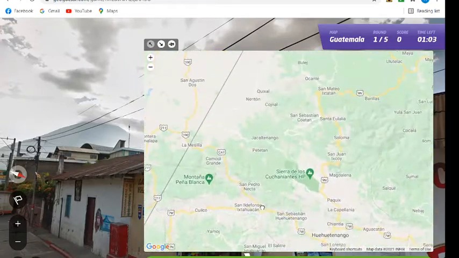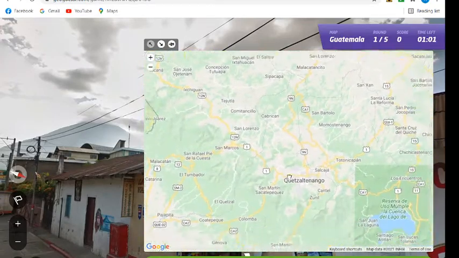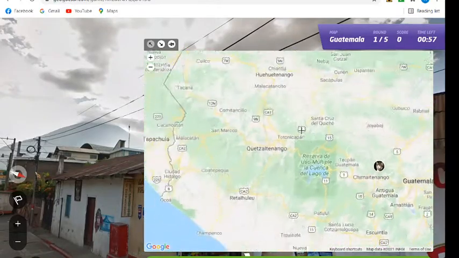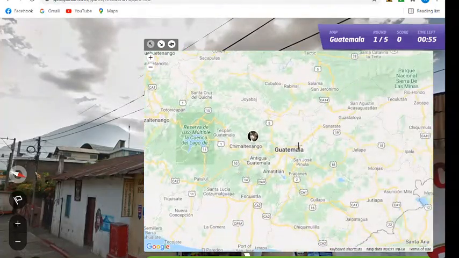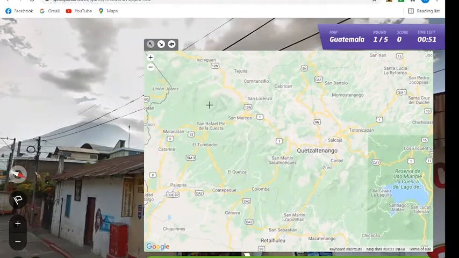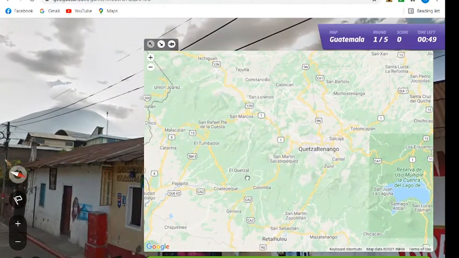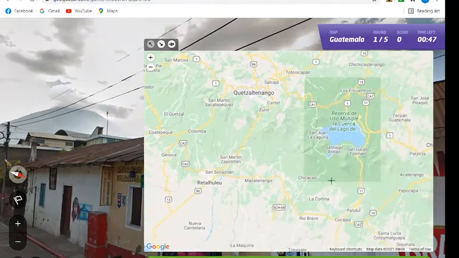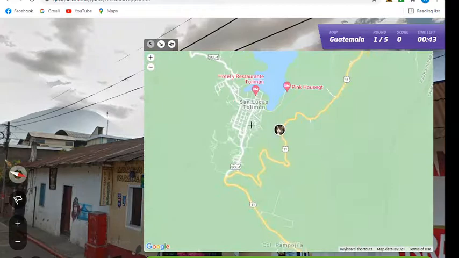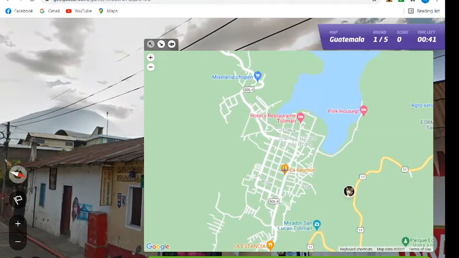I think the volcanoes tend to be sort of close to Quetzaltenango and Guatemala City. Let's see, it was Toliman, right? San Lucas Toliman, there it is. Okay, so not very big.